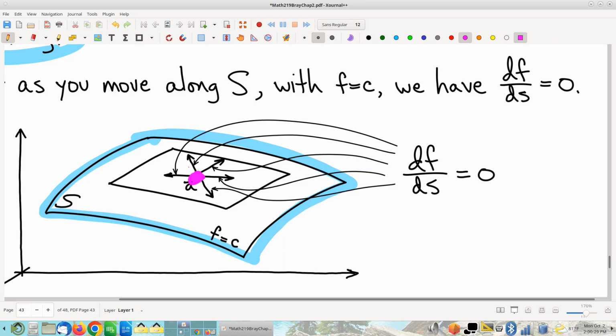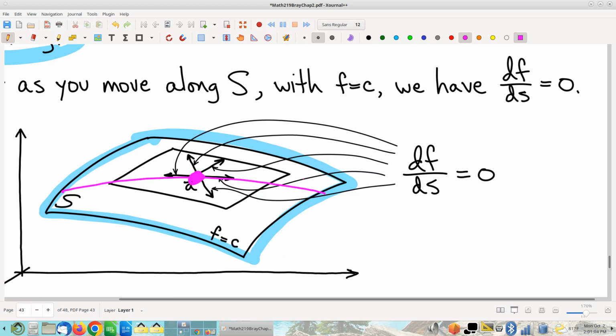Imagine that I were moving along a path like that, all of which is on this same surface, same level set. Well, that means that the value of f, this function whose level set I'm looking at, is c here, and here, and here, and the value of f is just c everywhere along this curve because the whole curve is on this level set where f equals c.